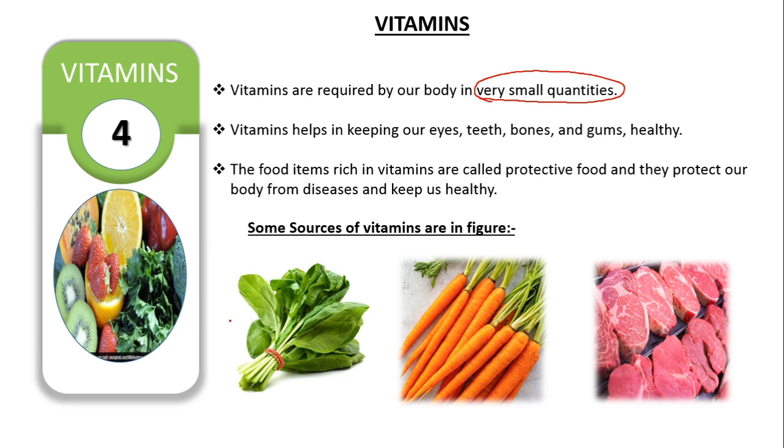Those types of foods which contain vitamins are called protective foods because they protect our body from diseases by keeping us healthy. And here are some components of food from which we can get vitamins, which are spinach, carrot, and meat.